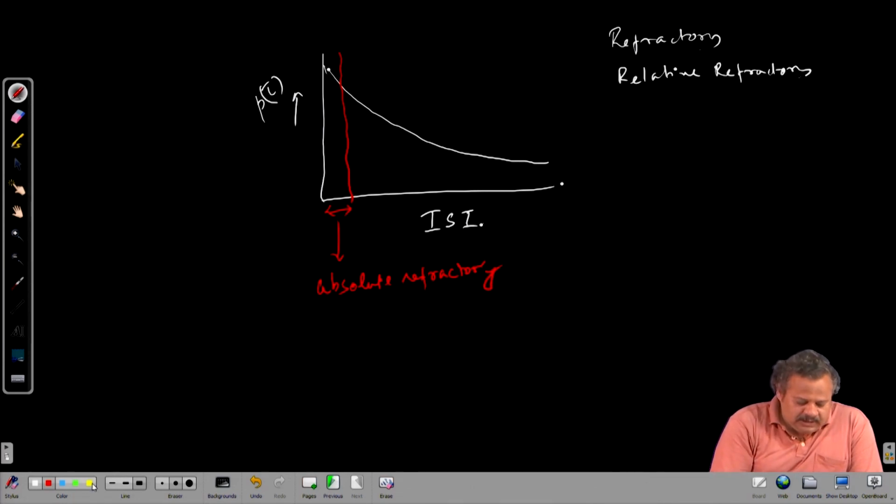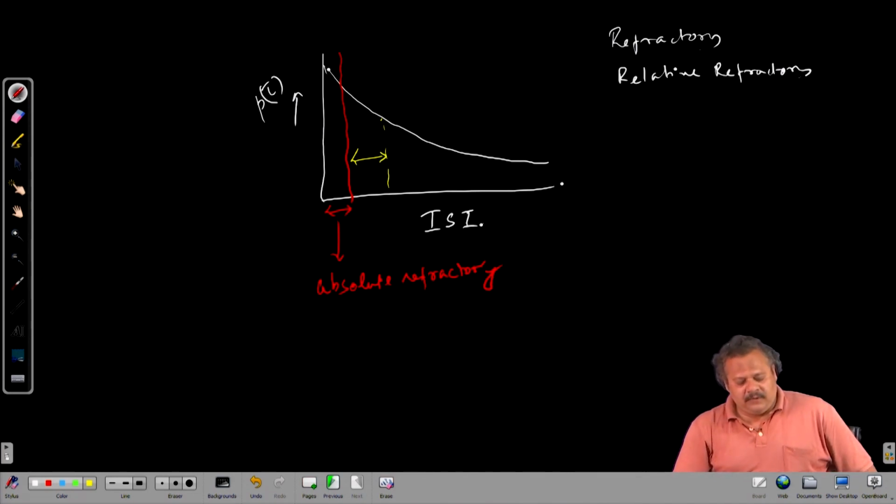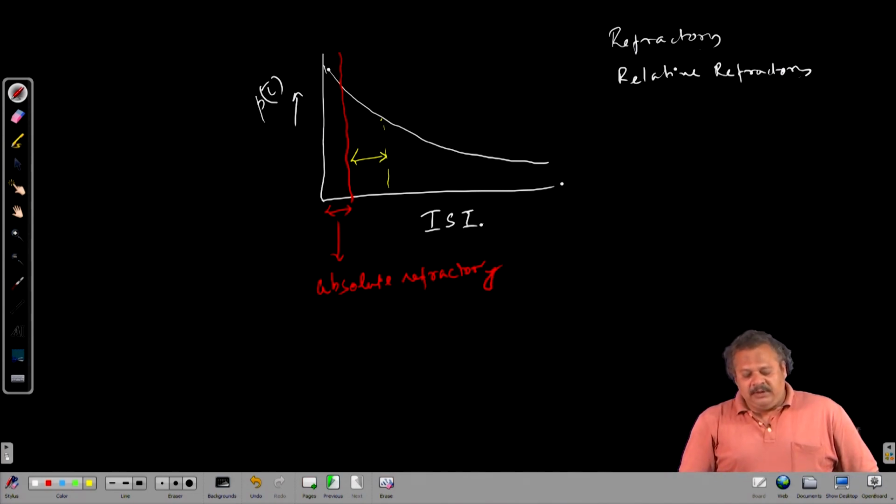Beyond that period, there is a relative refractory period over which the probability of spikes occurring would be less than what we expect from the no-dependence case.